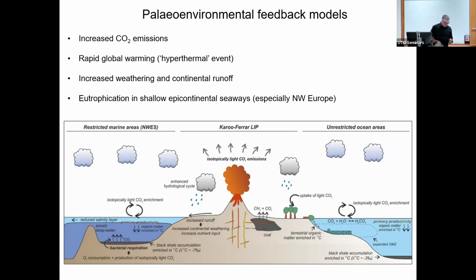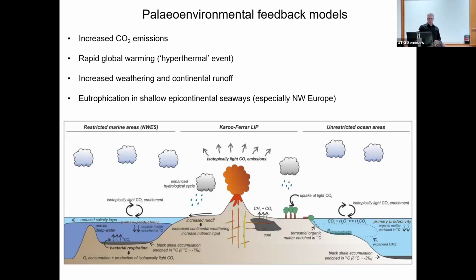So in some of the earlier papers that were trying to explain this negative carbon isotope signature, the model was for the warming we think happened at this period of time to dissociate methane hydrates in the sea, because methane is much more negative than this sort of volcanic CO2. So actually it may be a combination of these sorts of CO2 sources into the atmosphere during the late Jurassic that causes these sorts of environmental perturbations.